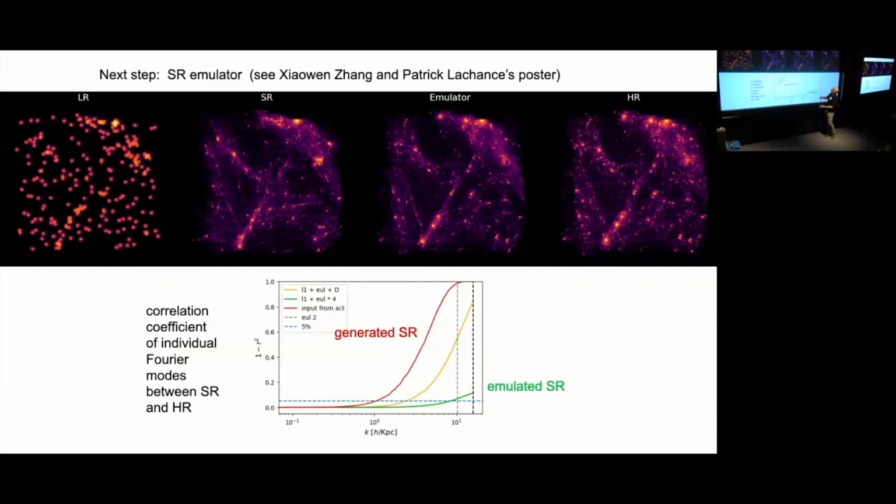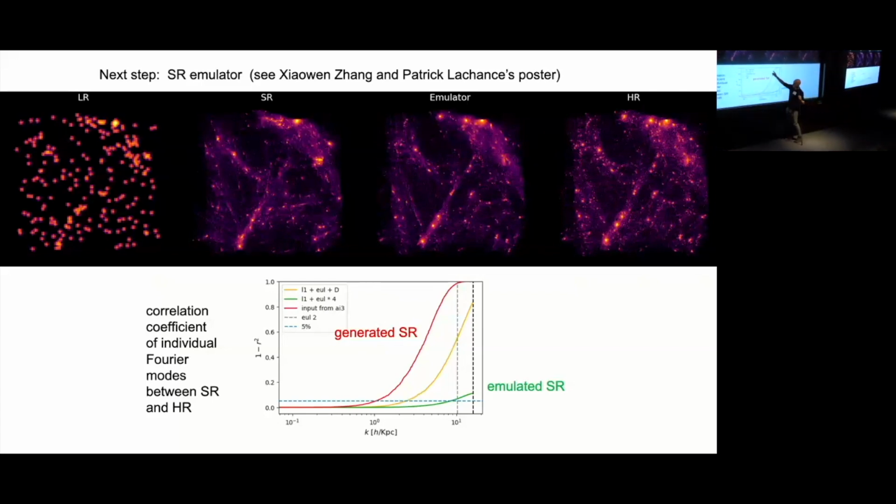And here's an example of some of the effort. It's ongoing work, but here's the original super resolution, which has random structures on small scales. And here's so far an emulator. Basically, there's the addition of extra layers with a different loss function after the discriminator. And some of the structures, you can see, are pretty similar now. It's doing pretty well. Here's the cross correlation, the correlation between the true high-res field and the emulator, and this thing, the super res.